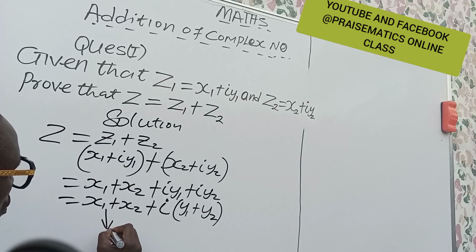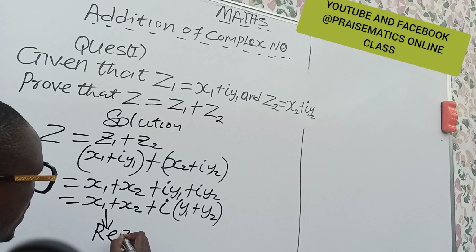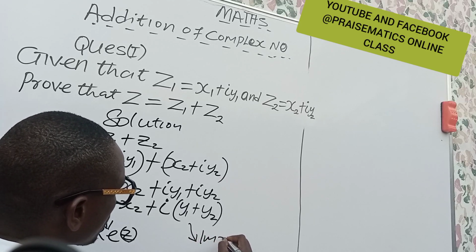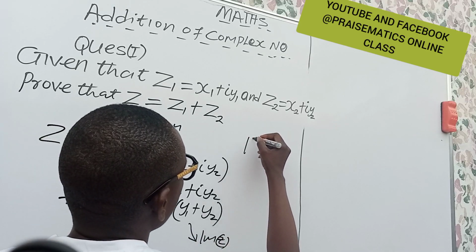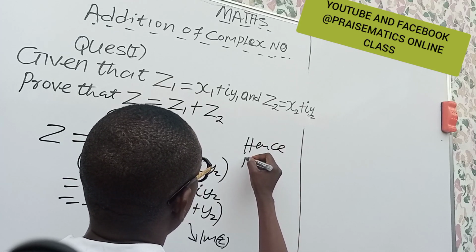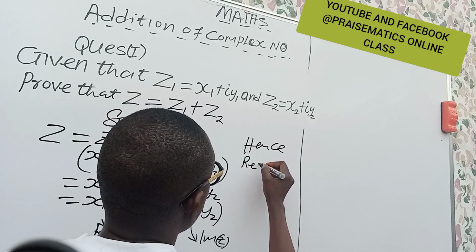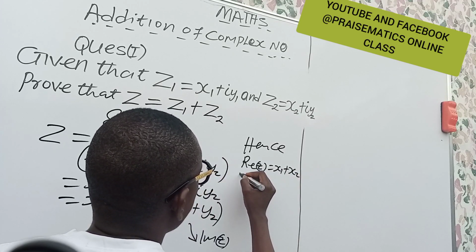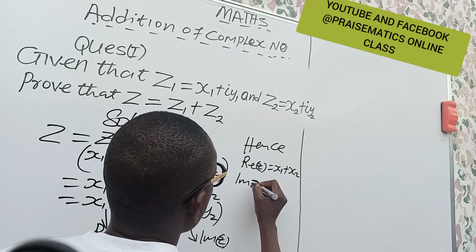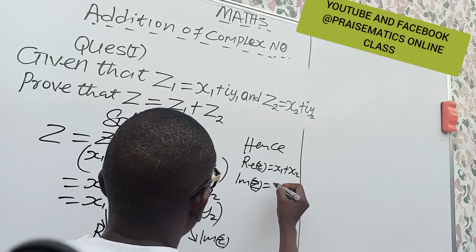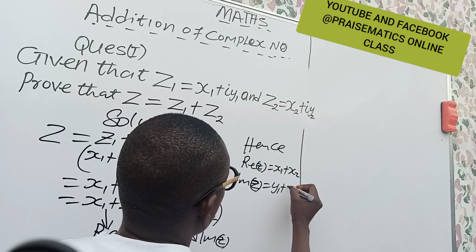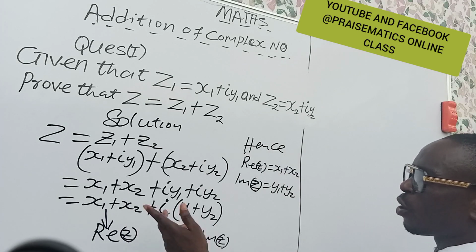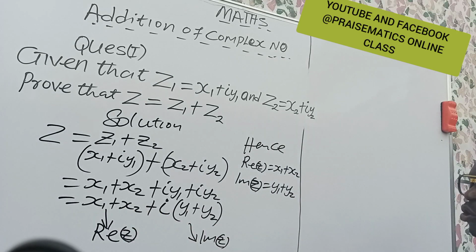Finally, this is what we call Re(z), denoted by Re(z), and Im(z), denoted by Im(z). So hence our real part Re(z) is equal to x1 plus x2, while Im(z), which is the imaginary part, is equal to y1 plus y2, and that is our proof. So the summation of two complex numbers will give itself a complex number.